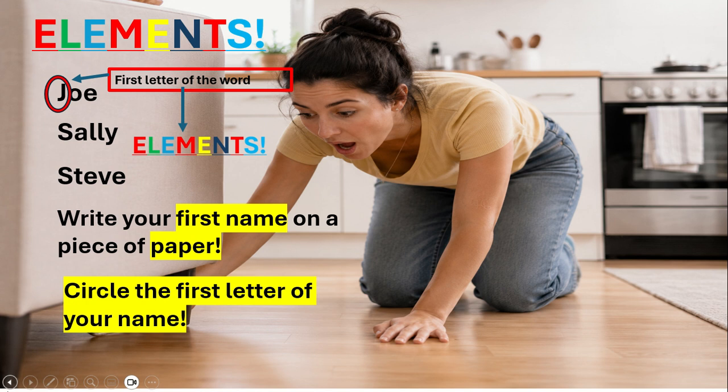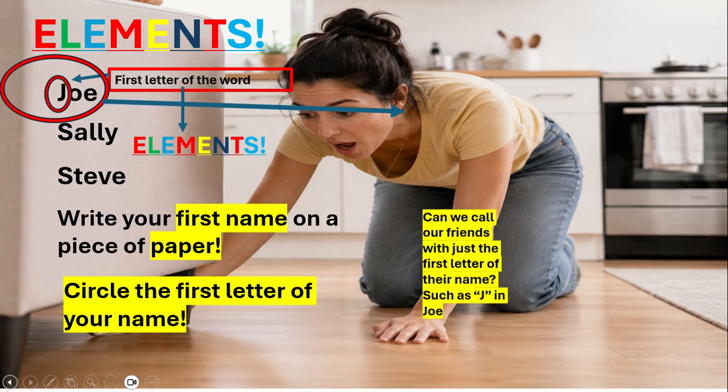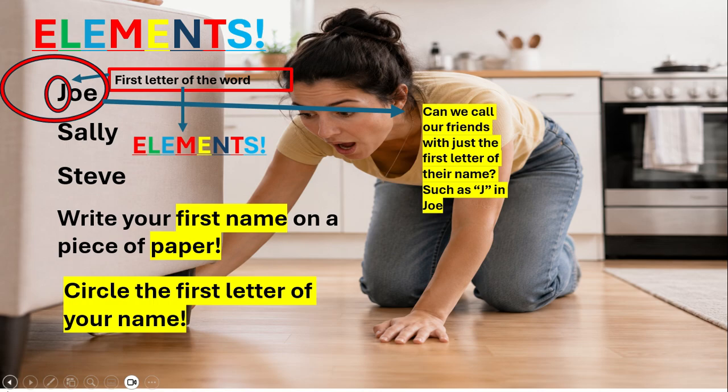So what was the first letter of your name? Maybe it's S or whatever it may be, A through Z. It's an element. It's as simple as that, right? But now we don't only look at the first letter of the name, we need to look at the whole name, right? Say someone calls you, whatever your name is.